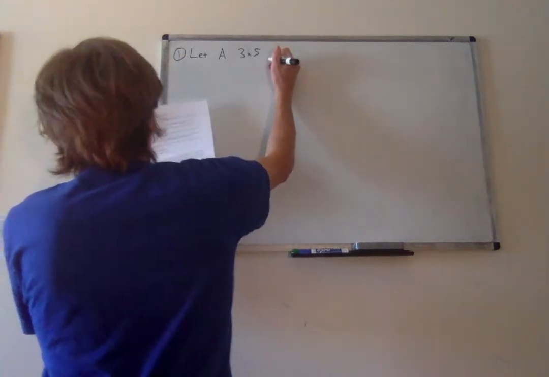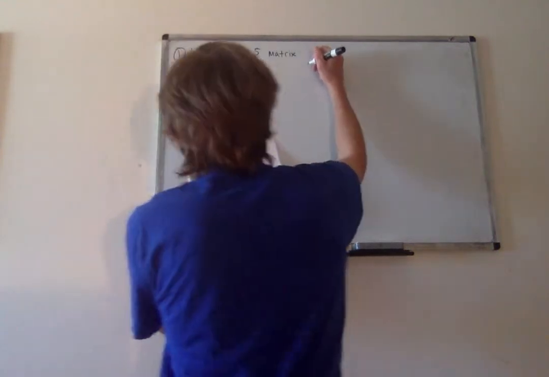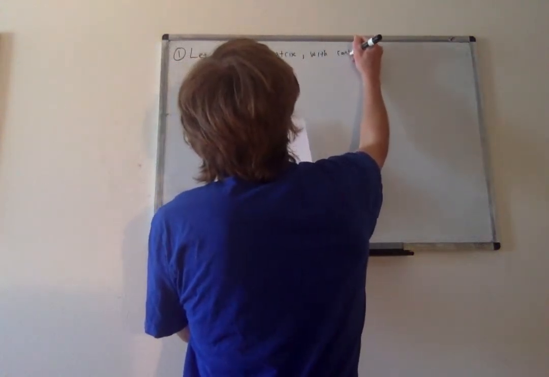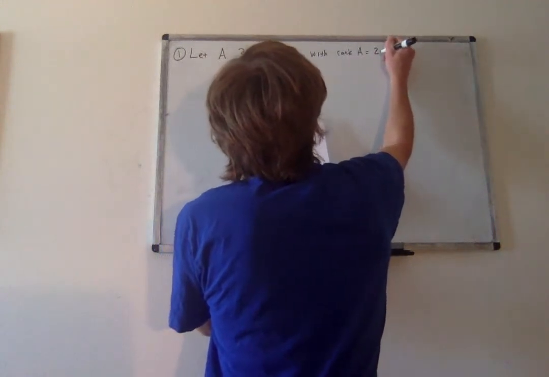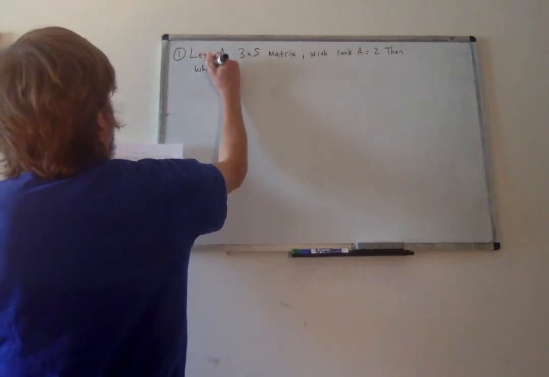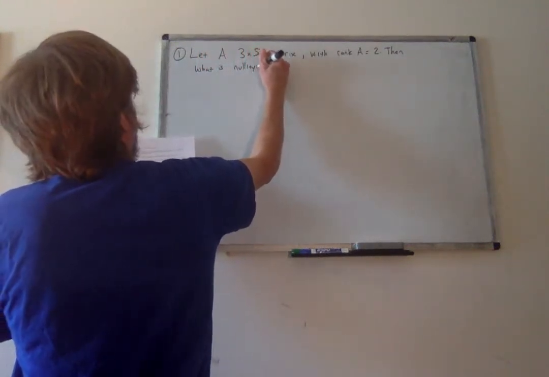So if we let A be a 3x5 matrix with rank A equal to 2, then what is the value of nullity of A?